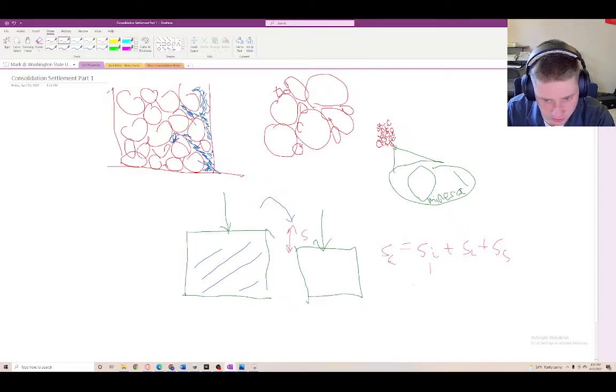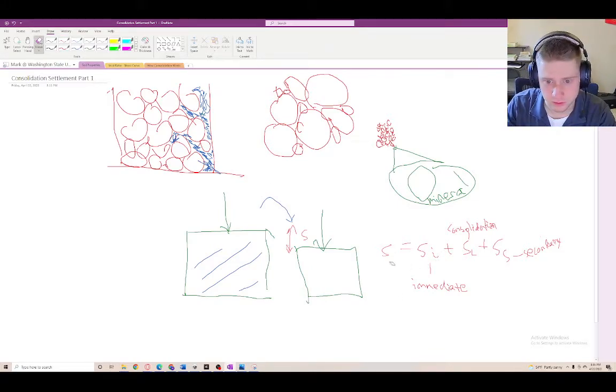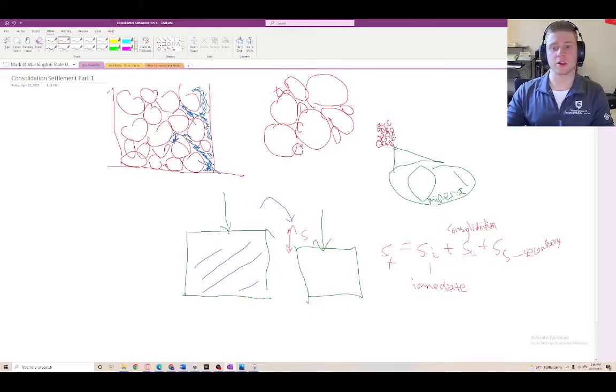Okay, so I'm going to redo this because this does not look like a T. So this is supposed to be a T.